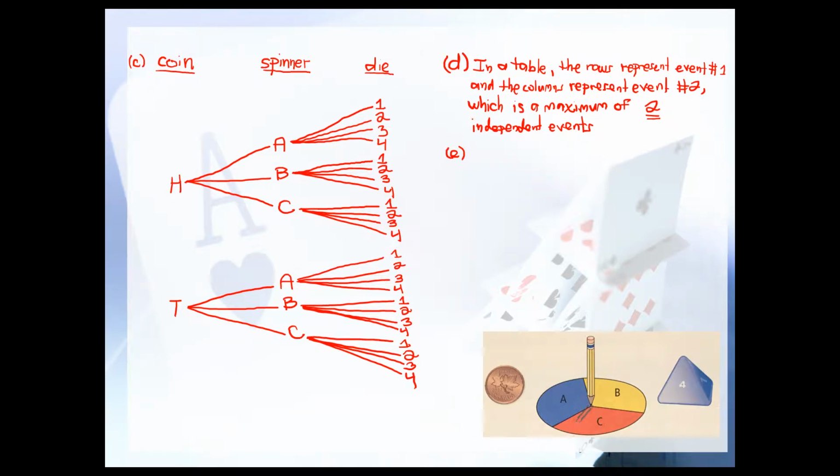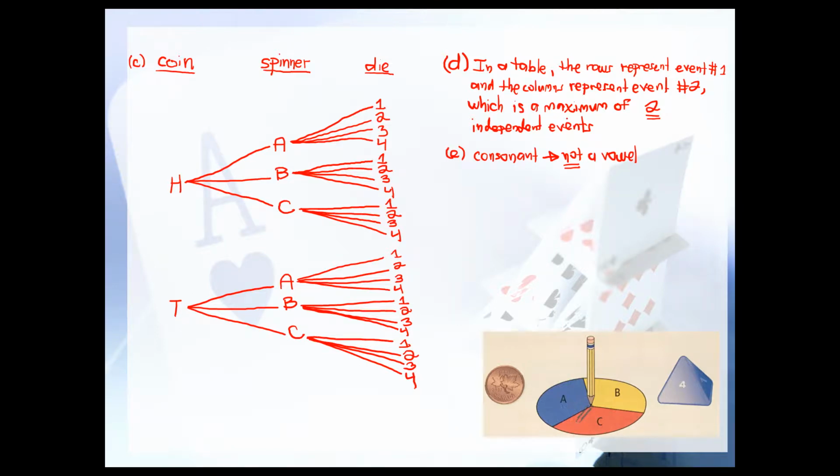Consonant. A consonant is a letter of the alphabet that is not a vowel. And obviously your vowels are A, E, I, O, or U.